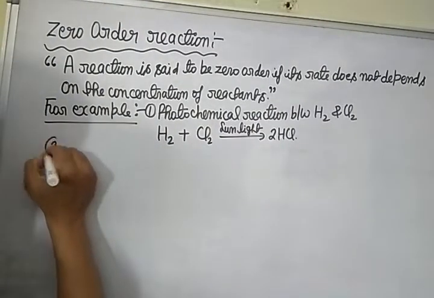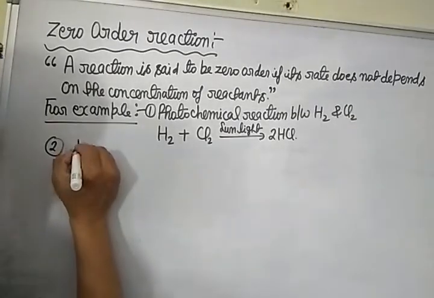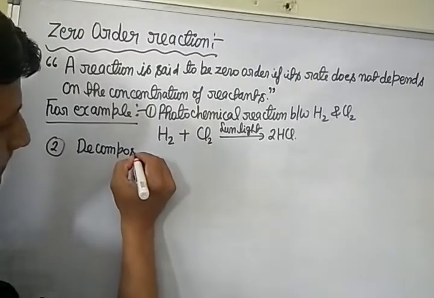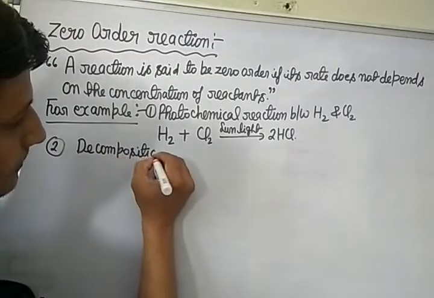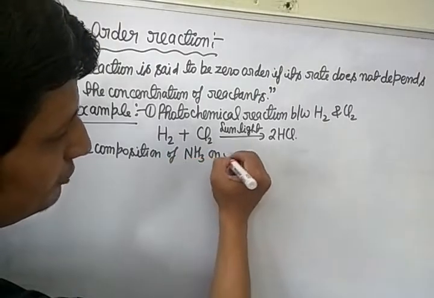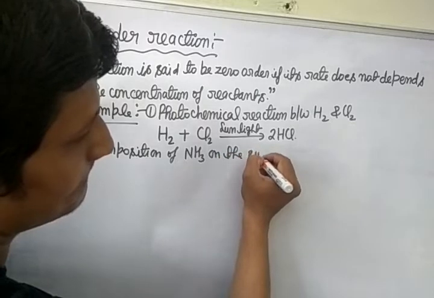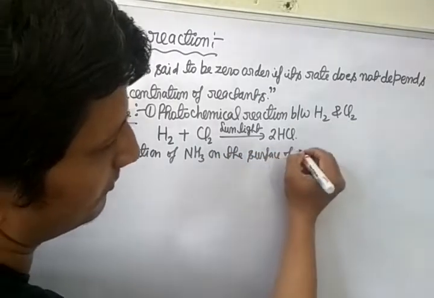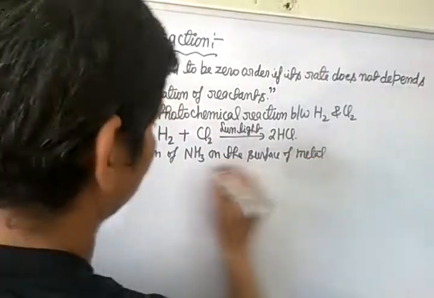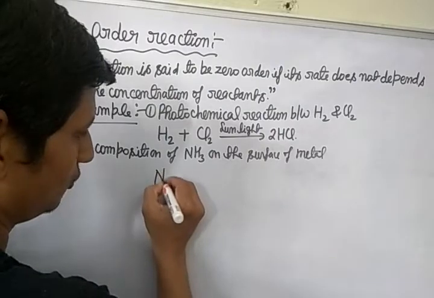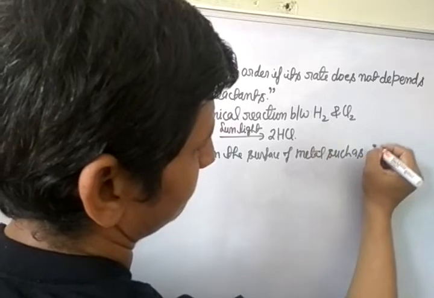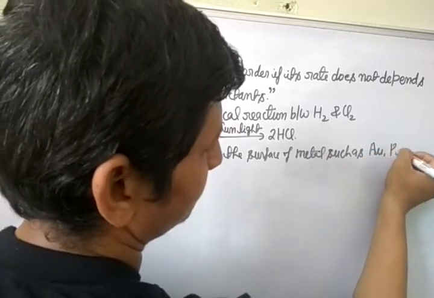Second example, decomposition of ammonia on the surface of metal such as gold Au, platinum Pt.